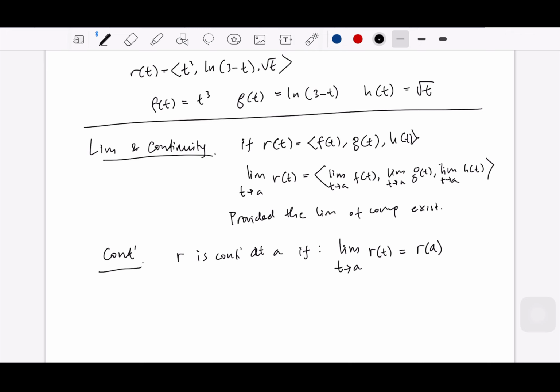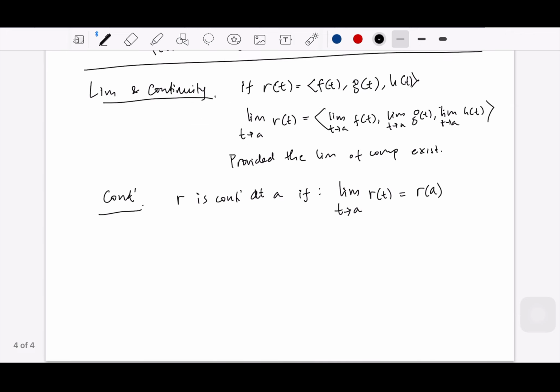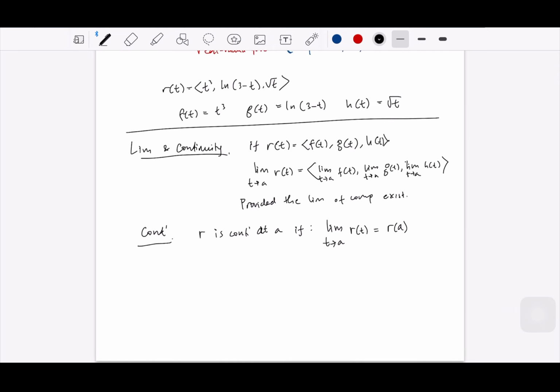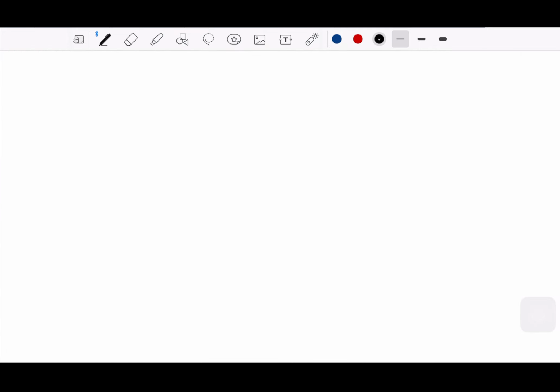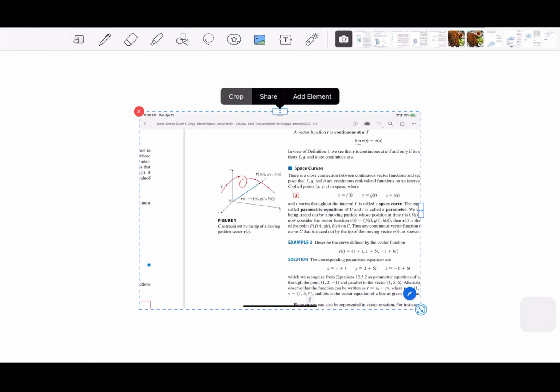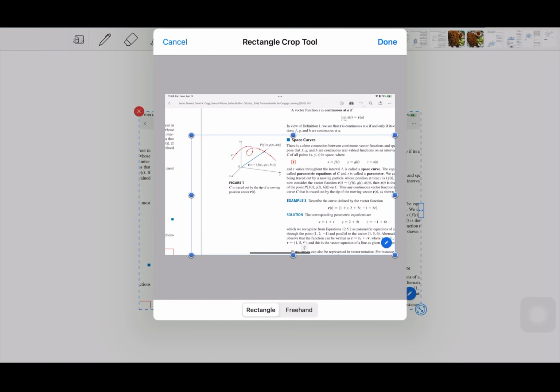Now, we can trace the curve for this r. Let me write in the new slides and put it on the graph.